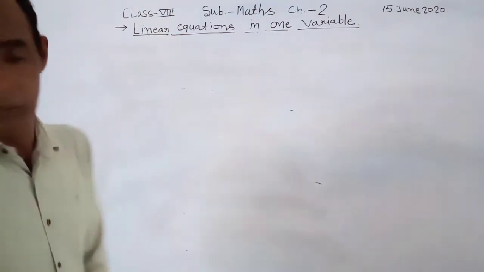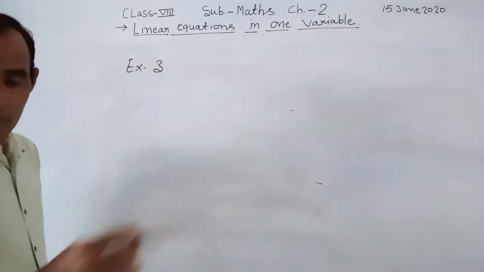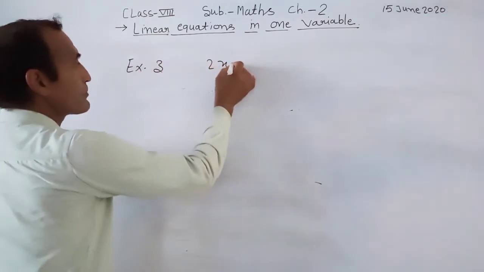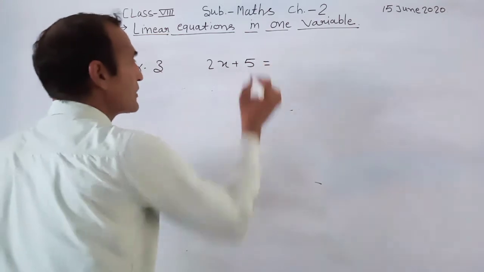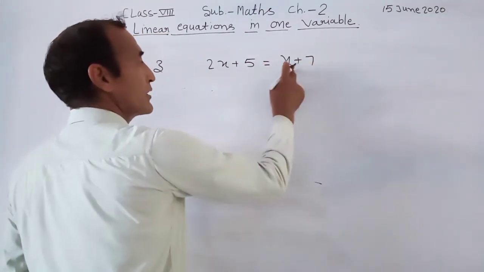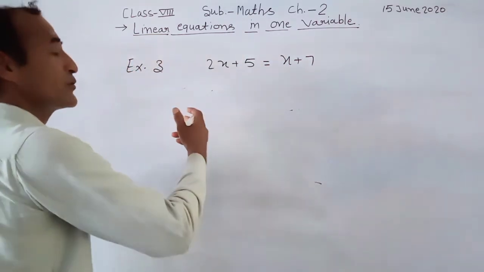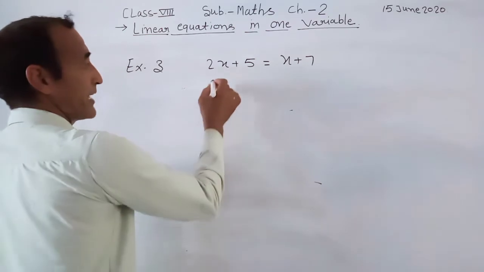Example third is 2x plus 5 is equal to x plus 7. Look, here x on the right hand side, we convert it in the next step to the left hand side.